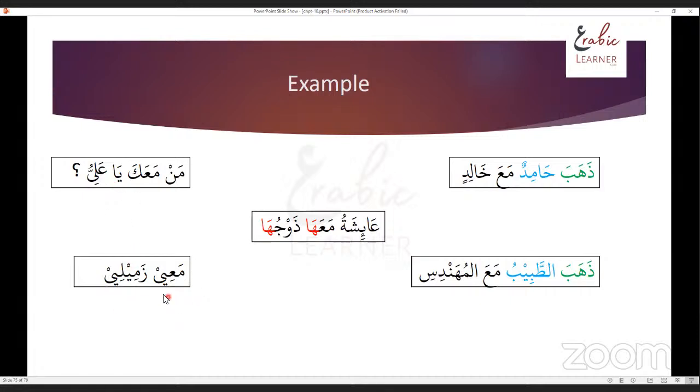The answer is Ma'i Zamili. With me is my colleague. Yes, my colleague is with me. Well done. Okay, so do the analysis of this.